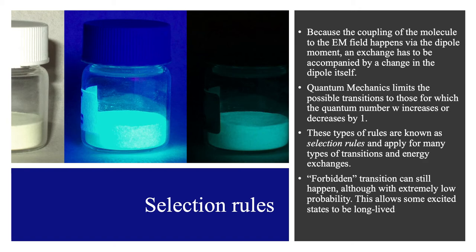If there was no selection rule, then during the day when the fluorescent material absorbs solar radiation or whatever, it becomes excited. And at night, when it wants to go back to the ground state, it would go back in a nanosecond, so you wouldn't see it.